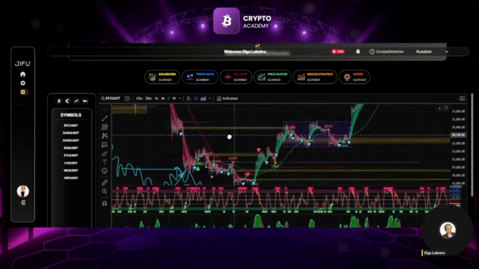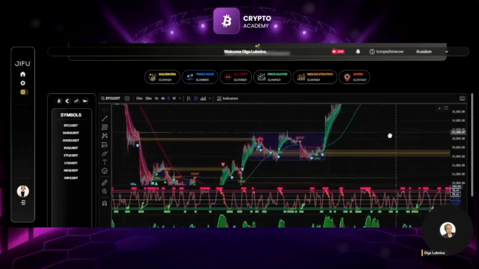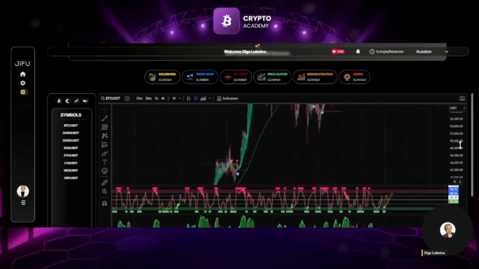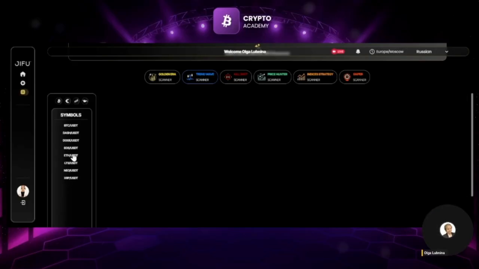Also, if we are considering the daily time frame for altcoins, then we can expect a reaction of 10% and more, and 5% and more on Bitcoin. Let's look at ETH.